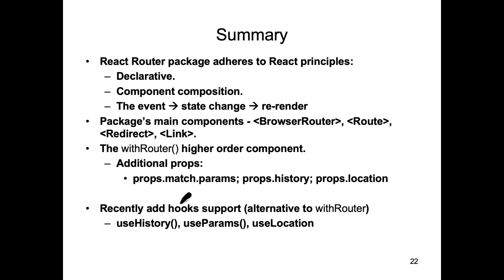And essentially the hooks are an alternative to using the withRouter higher order component. And I'm mentioning some of the hooks here. I don't use it in the labs, but you can Google it yourselves if you want to. Some people don't like this withRouter approach towards achieving the various features that it provides to us. Finally, I want to talk about custom hooks, essentially hooks that we write in our own custom code.